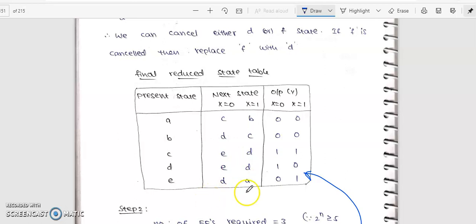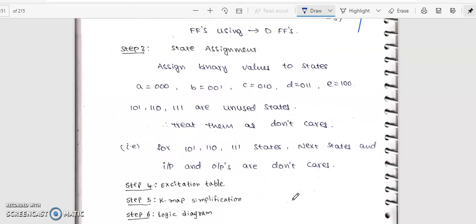Instead of these 2 columns, maintain one single column. As we have 3 flip-flops, DA, DB, DC, we will have QA, QB, QC. So you have to find QA plus 1, QB plus 1, and QC plus 1. And we know that a D flip-flop gets whatever the next state is.